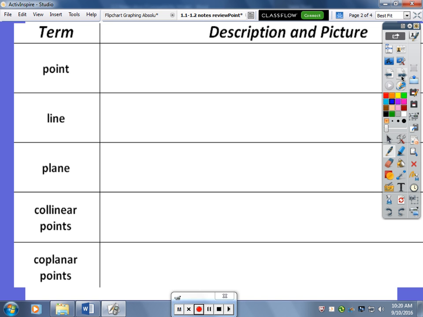Point. A point has no dimension and it is represented by a dot.